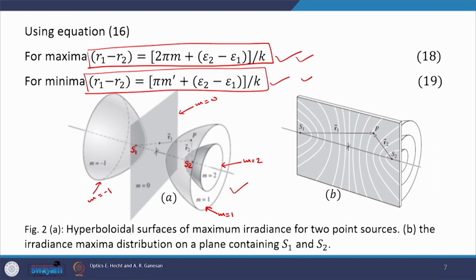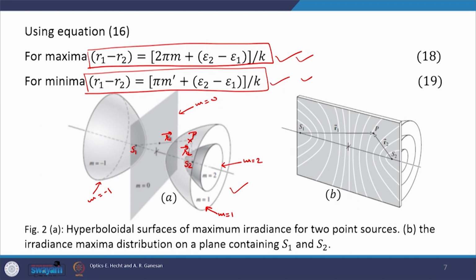The point sources S1 and S2 in this particular case work as foci, and any point of observation P is at a distance r1 from S1 and r2 from S2. This is how they are defined.